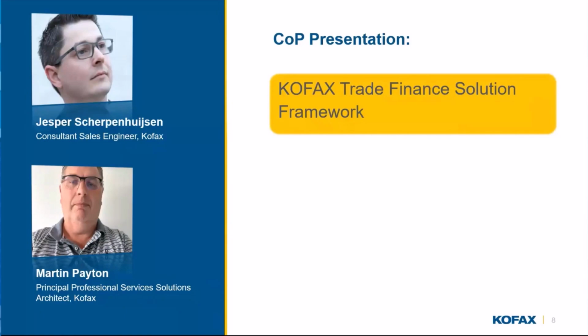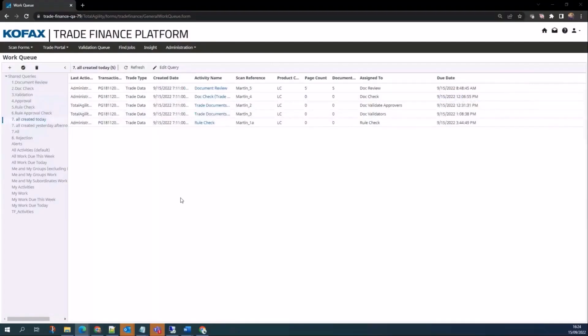Yeah, sure, Jasper. So basically, the framework was built around existing professional services engagements around the world. We looked at how these were implemented in the different countries, done by different people in different ways. And what we've done is come up with best practices, and this is where the framework was born.